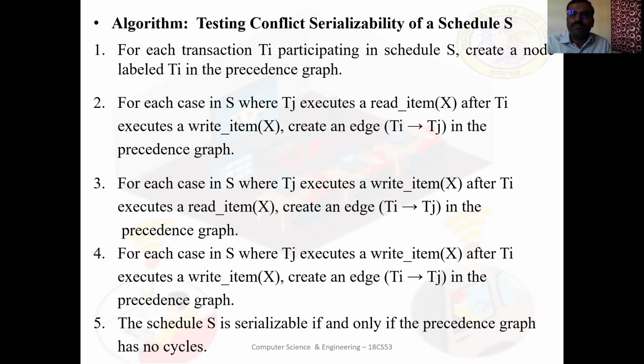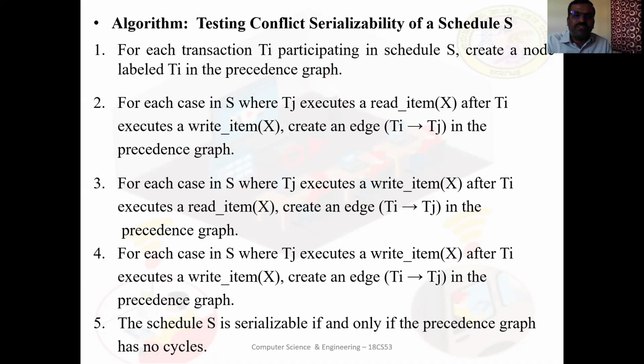The algorithm indicates: for each transaction Ti participating in the schedule S, create a node labeled Ti. This is a node in the precedence graph.